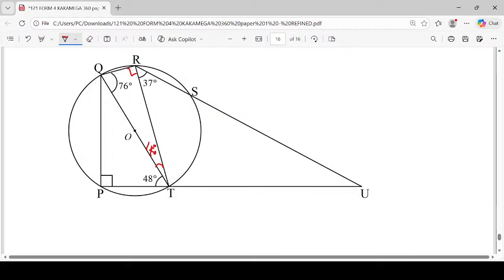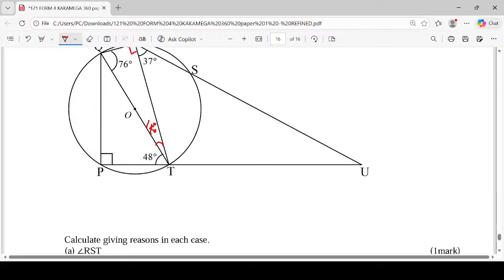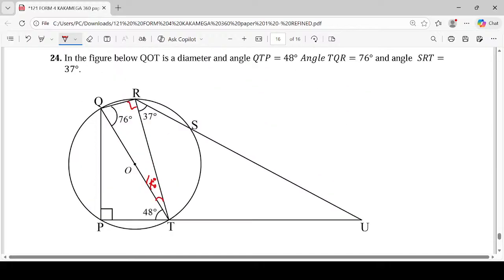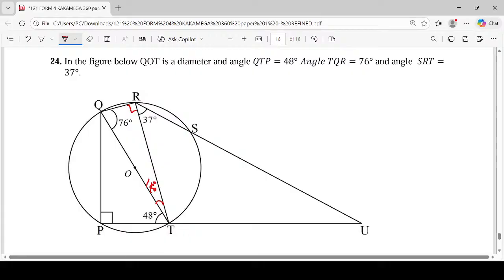Let me see which angle they want. RST. Let me join RST here. When you look at it well, here you need to be very, very clinical.